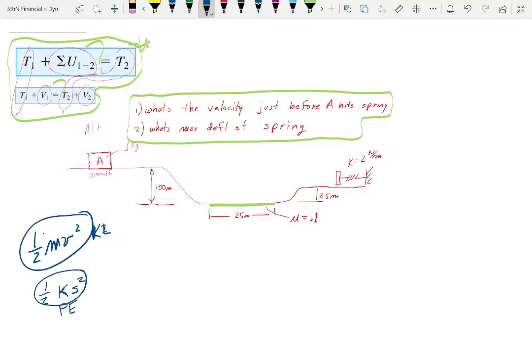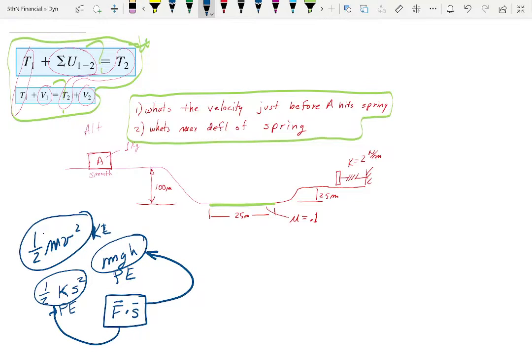That could be a potential energy if you have a spring, which you do. And then you've got mgh, that's a potential energy. And that's pretty much it, except I could have an F dot S, where these are two vectors. If you look back in the text, you'll find how we derived that. So this covers all others.